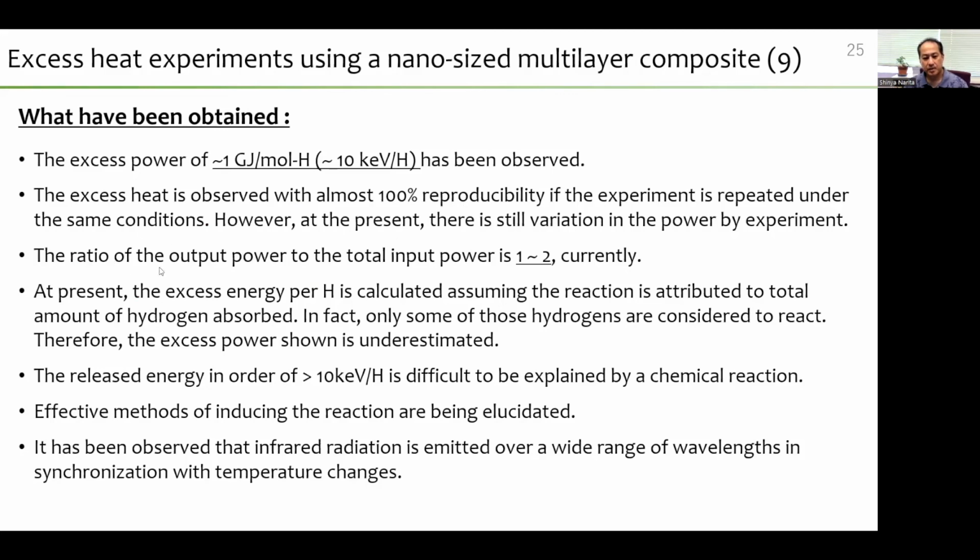The ratio of output power to the total input power, the so-called COP, is 1 to 2 in this case. The released energy is on the order of keV to 10 keV per hydrogen atom. This is difficult to explain by a chemical reaction. Effective methods of inducing the reaction are being elucidated. And it has been observed that infrared radiation is emitted over a wide range of wavelengths in synchronization with the temperature change.